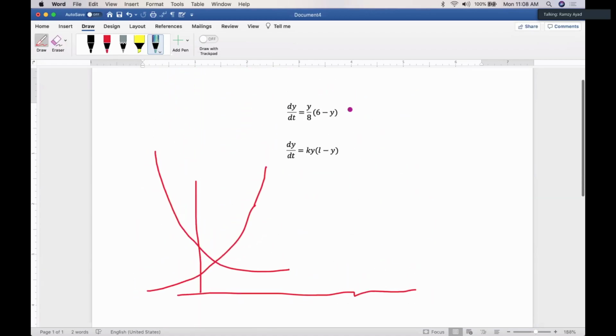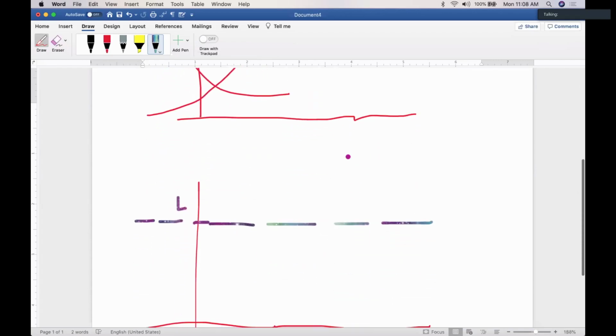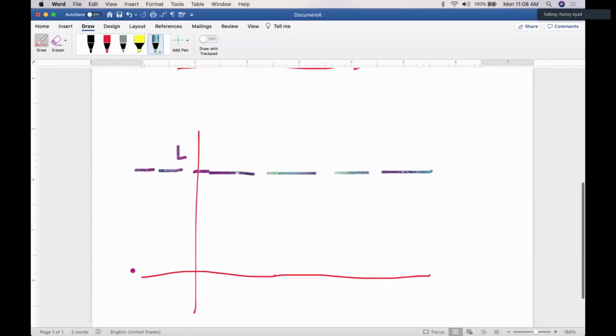L is right there, the number minus y. Yes? Okay. With this, the graph will go from down, increase, increase, increase, as if exponential, and then taper down to have the same limit as the asymptote. Never exceed that. This is called a logistic equation.